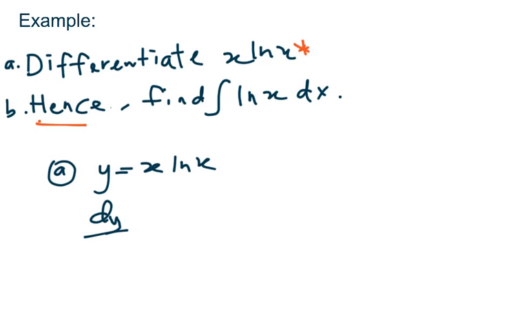So dy dx, in this case we have to use product rule, where we see this as u, this to be v.